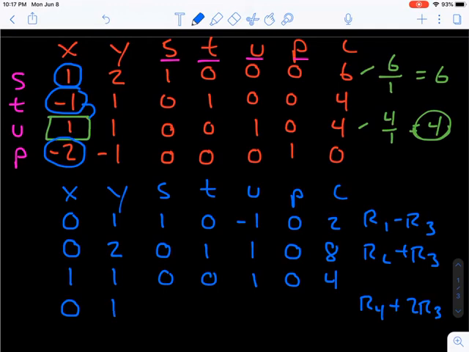And then we have all zeros. 0 plus 1 times 2 is 2. Zeros. And then 0 plus 2 times 4 is 8. Oops, slight boo-boo here. That should be a 1.